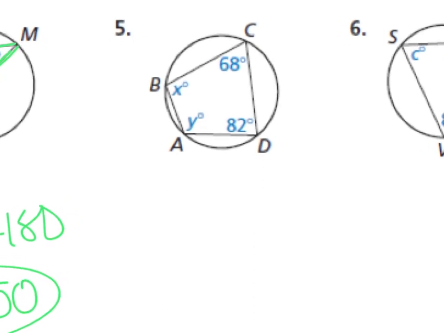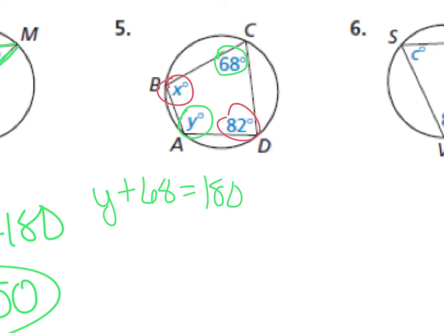Okay, so here we have a circle with a quadrilateral, a four-sided shape, in it, which means, thinking back, I know that the opposite angles are going to be supplementary. So I know that y plus 68 is going to equal 180, and I also know that x plus 82 will equal 180.